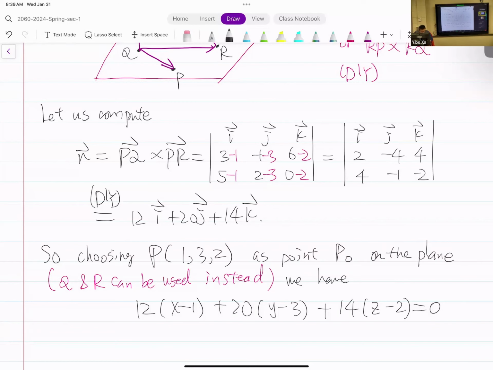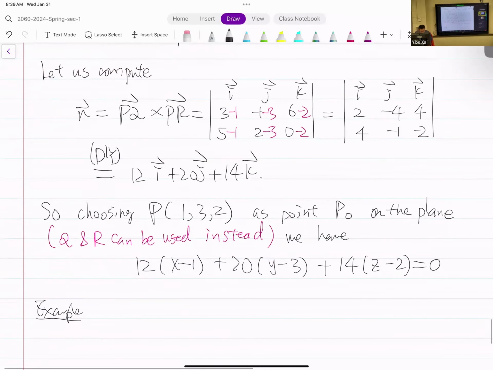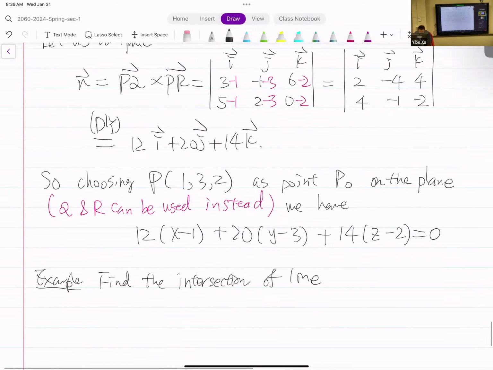Right. So a few more examples to go. Example. So now let's say we have a line and a plane. Find the intersection of the line, which has the parametric equation x equals 2 plus 3t, y equals -4t, z equals 5 plus t.